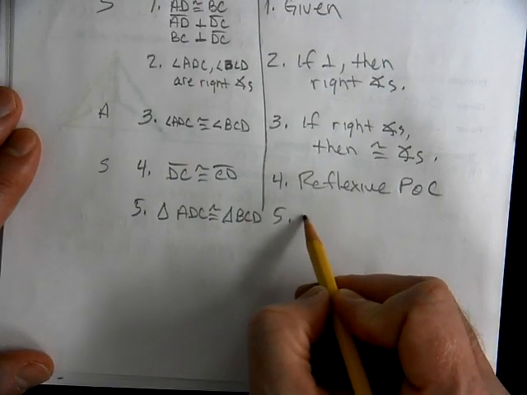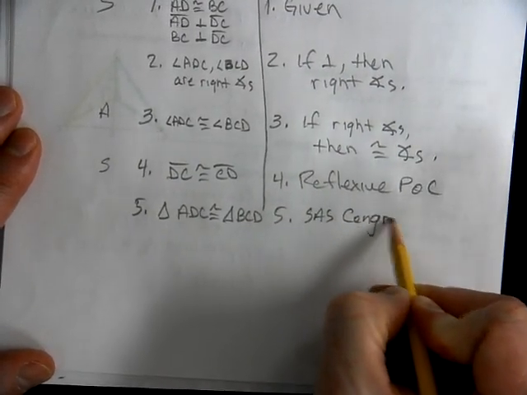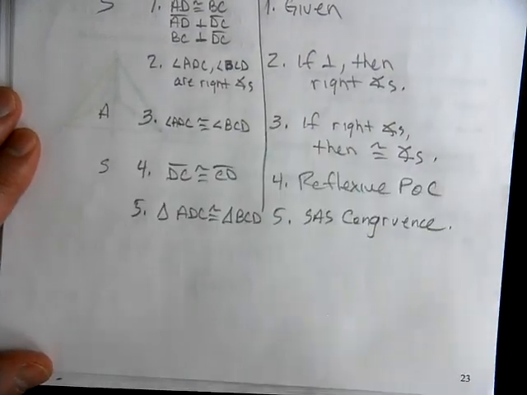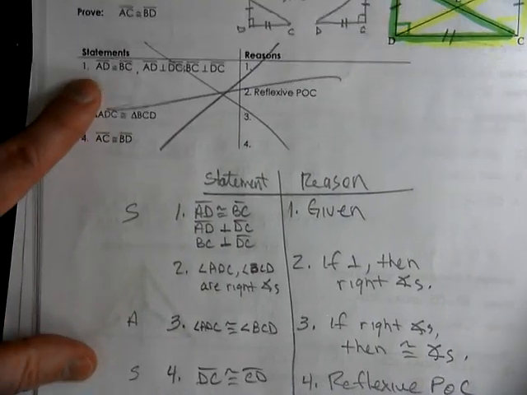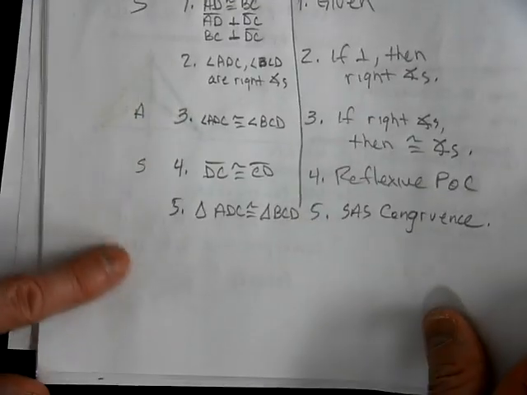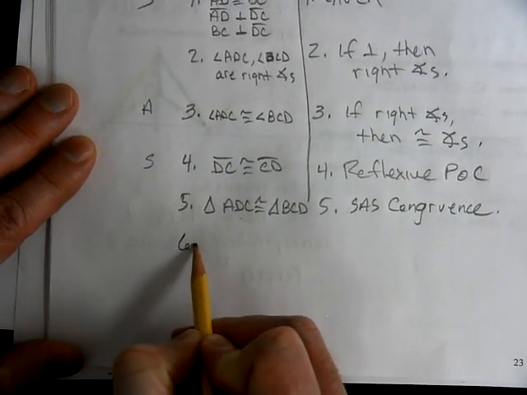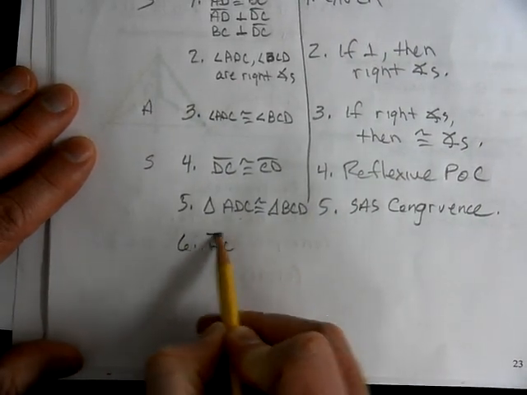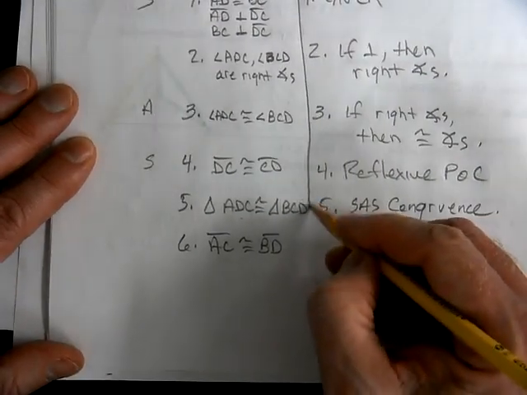And that's the order of side, angle, side congruence. Now, the last thing that we're attempting to prove, what we're trying to prove is always the last thing in our proof. So if we've already gotten triangles congruent, then I'm ready to talk about how my other segments are congruent.